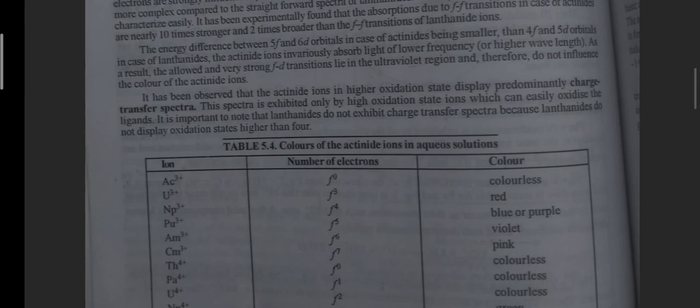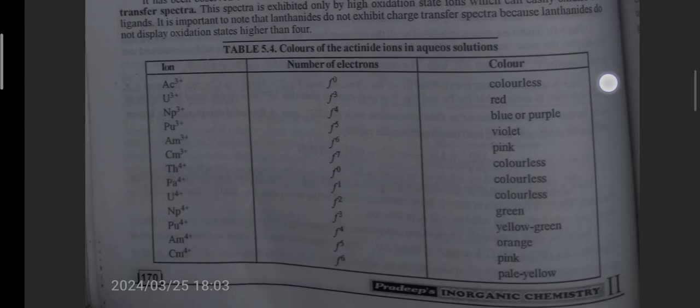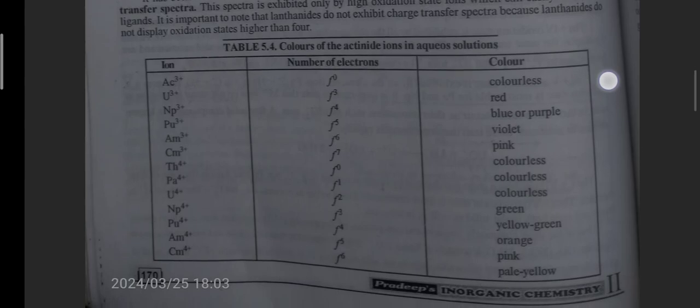This spectrum is exhibited only by high oxidation state ions, which can easily oxidize the ligands. It is important to note that lanthanides do not exhibit charge transfer spectra because lanthanides do not display oxidation states higher than 4. This is table 5.4, which shows the color of the actinide ions in aqueous solution.